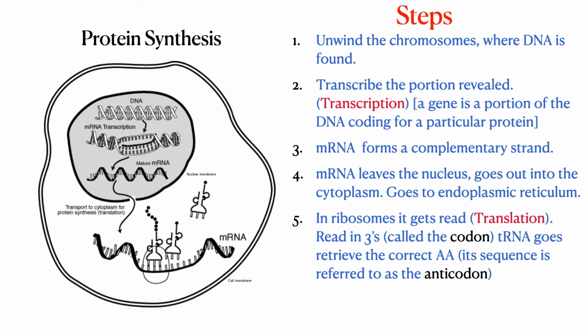And so we have a second RNA called transfer RNA. You can see they sort of have a clover leaf sort of shape, and they are complementary, and that's why we call them anticodons to the mRNA, and they bring along the correct amino acid, and then we just start linking them together, and you can see the little chain of amino acids starting to grow coming off of the ribosome.